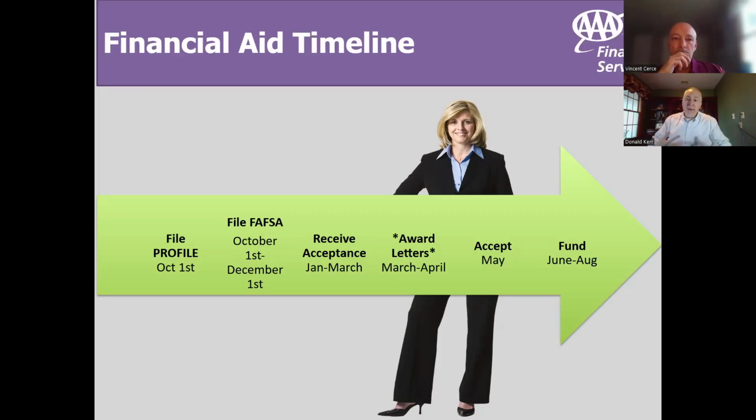Now, I'm a big fan of, hey, the sooner the better, and being prepared and getting things done on time. But you don't have to necessarily rush out there and get it done on October 1st, because that calendar date has switched. The most important date to pay attention to is your college's priority deadline date.